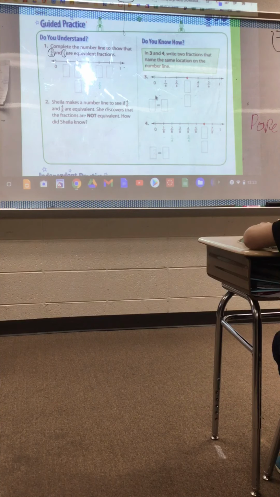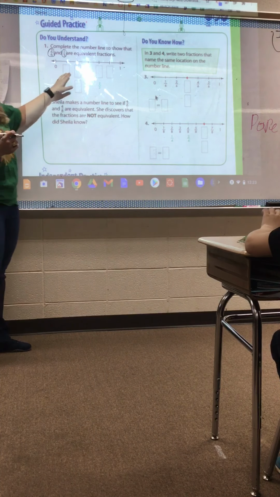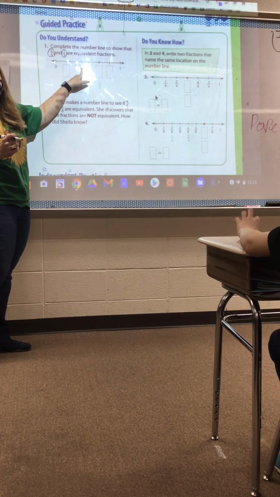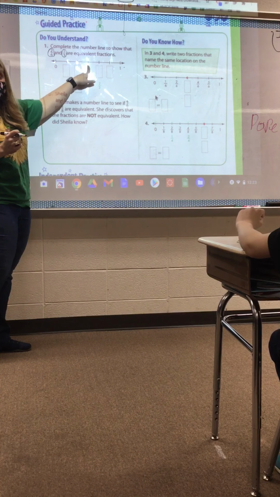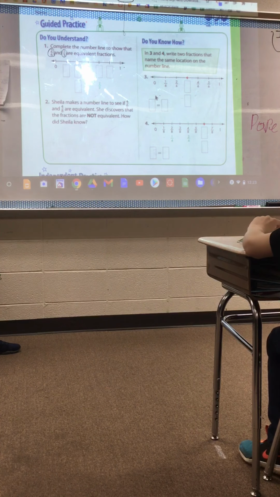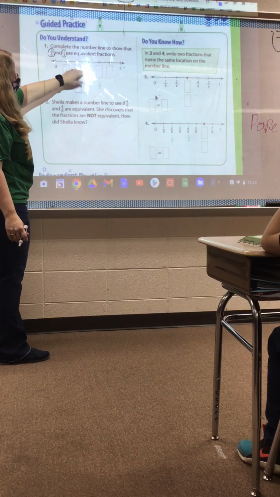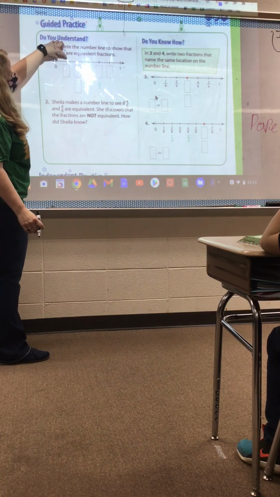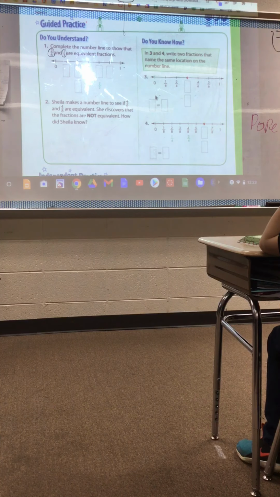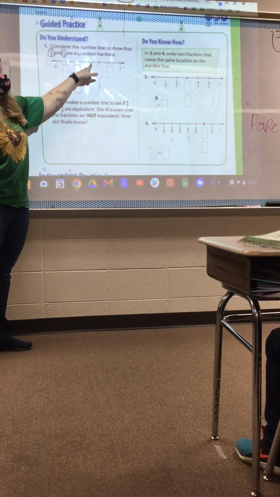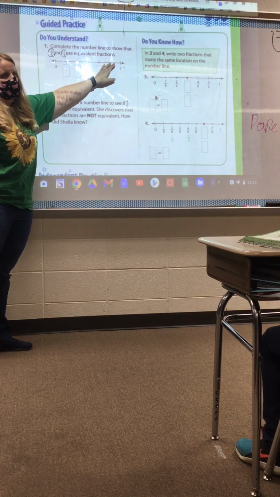So the first thing I need to do is look at the denominator I have over here. What is the denominator here? 6. Alright, so that means that I have 6 pieces. Now be careful, because when you see a number line like this, sometimes you want to say that you have 6 marks between here and here, okay?